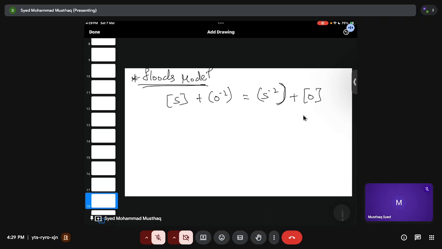Now, what the assumption is, let's say if I write the equilibrium constant for this reaction, then this will be my activity of this guy times activity of oxygen divided by activity of oxygen. And the other thing is activity of this guy divided by activity of sulfur.